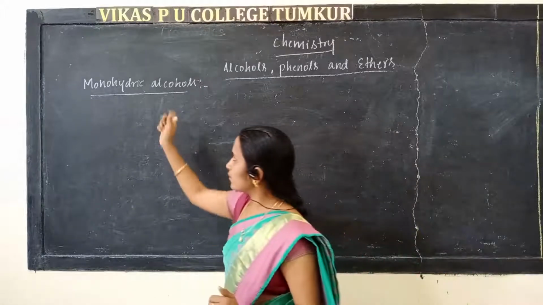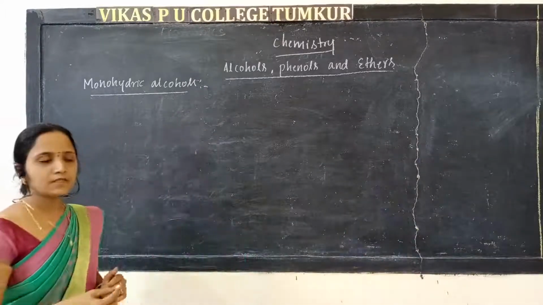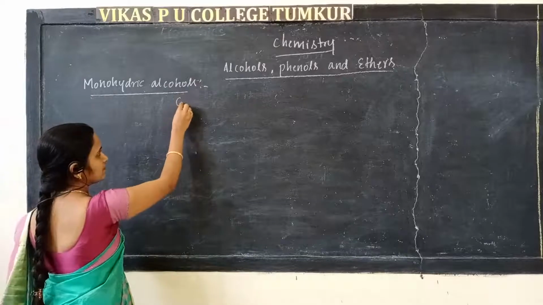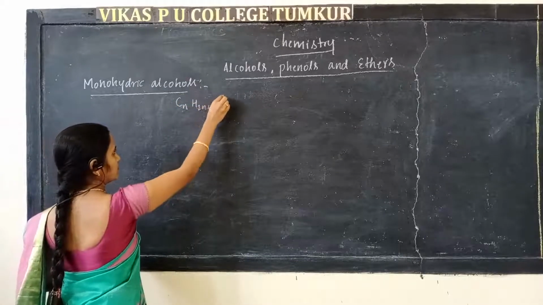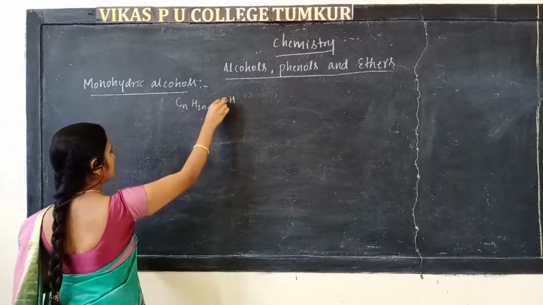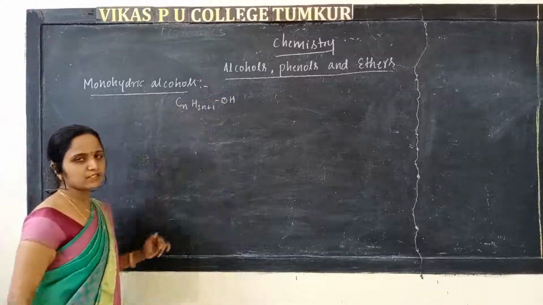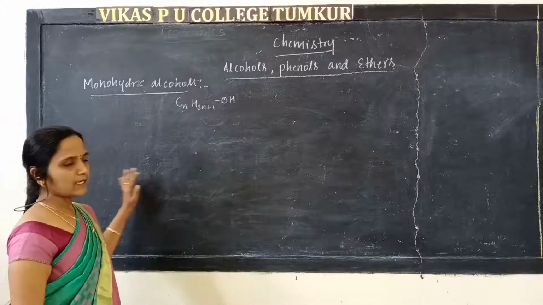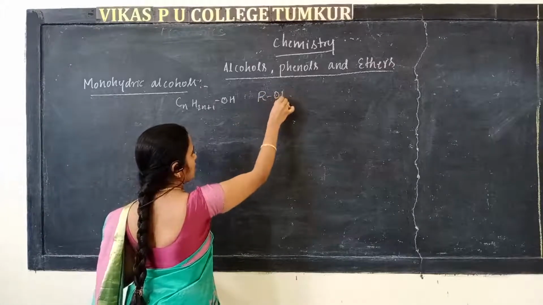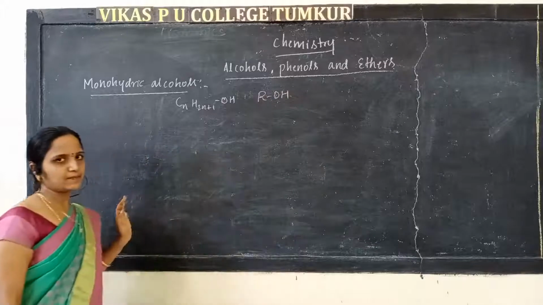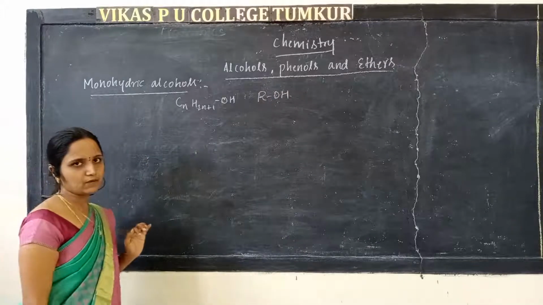Generally we represent them by CnH2n+1OH, the general representation of monohydric alcohols, or otherwise ROH.